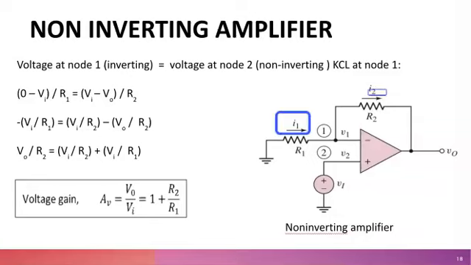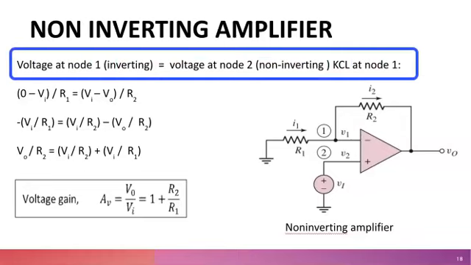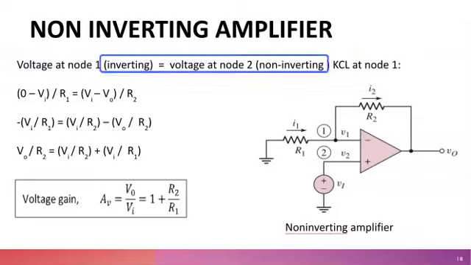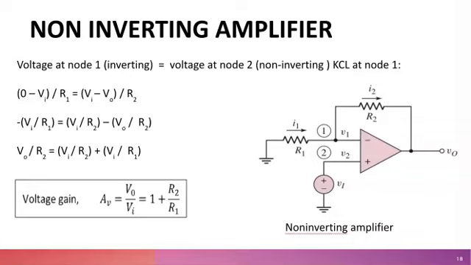The voltage at the inverting input is formed from a potential divider consisting of R1 and R2, and as the voltage at both inputs is the same, the voltage at the inverting input must be the same as at the non-inverting input. It means that Vin will be equal to Vout multiplied by R1 over R1 plus R2. Hence, the op-amp gain equation for the voltage gain of the circuit, AV, is AV equals 1 plus R2 over R1.